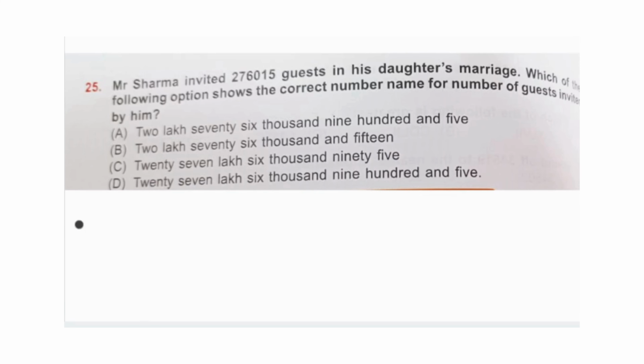Let's first write down the number of guests Mr. Sharma invited, which is 276015, and write the place values of each of the digits. This is ones place or units place. This is tens place. This is hundreds place. This is thousands place. This is 10,000s place. And this is the place of lakh.